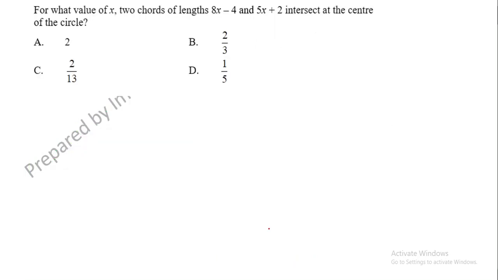Okay, now he says that, for what value of x, the two chords of length intersect at the center. So two chords when they intersect at the center means that here we have the circle, this is one chord, intersect at the center means they are the diameters.